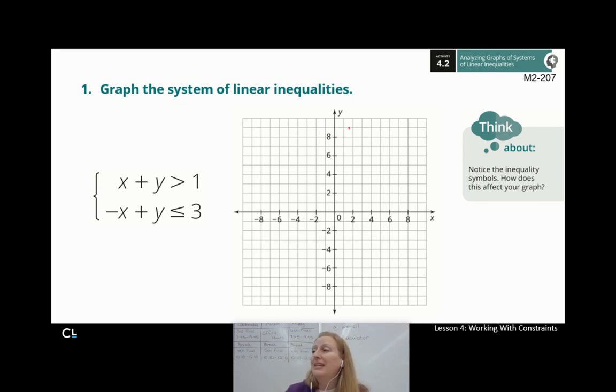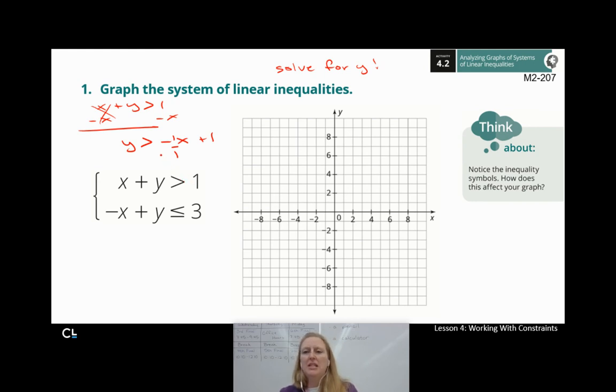So the first thing I did, just to make them easier to graph, is I solved for y. I have x plus y is greater than 1, so I subtracted x from both sides. And I have y is greater than negative x plus 1. You may even want to put a 1 over 1 on that. It just makes it easier. So I have a y-intercept at 1. My slope is down 1 over 1.